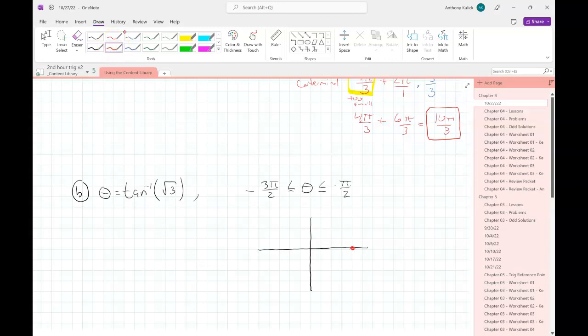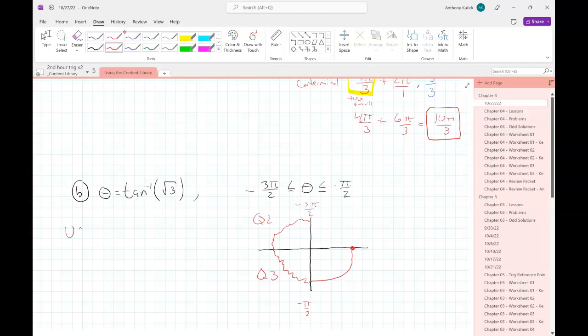When we draw our standard position angle, it always starts from the positive x-axis. Since our angles are negative in this case, we go clockwise. So this is negative pi over 2 here, and then negative pi, and then negative 3 pi over 2. What quadrants did we cover? Quadrants 2 and 3.